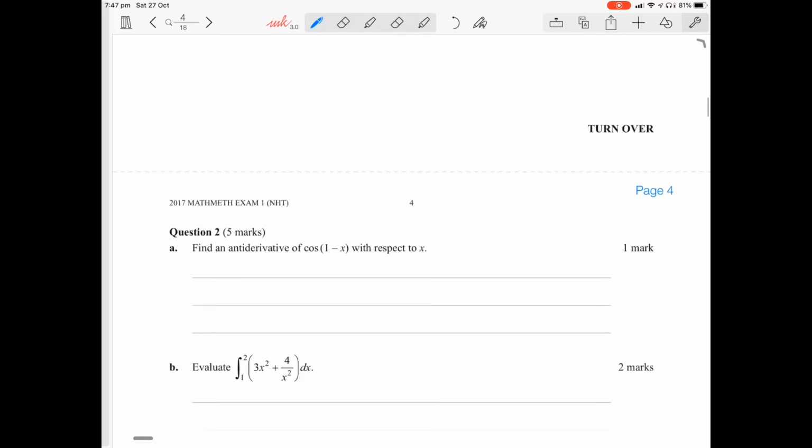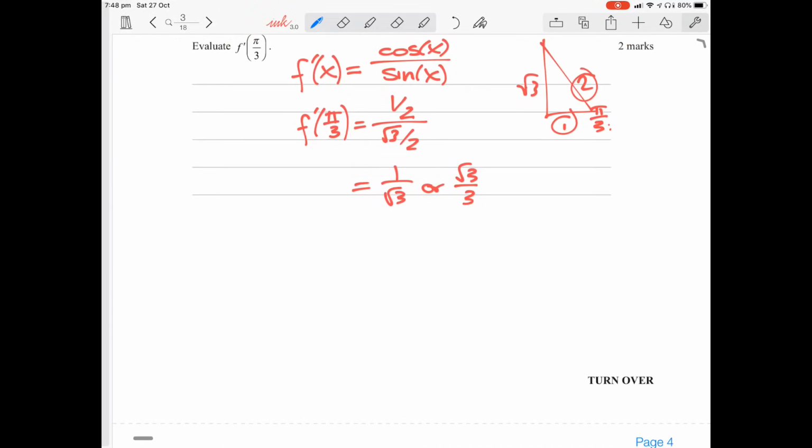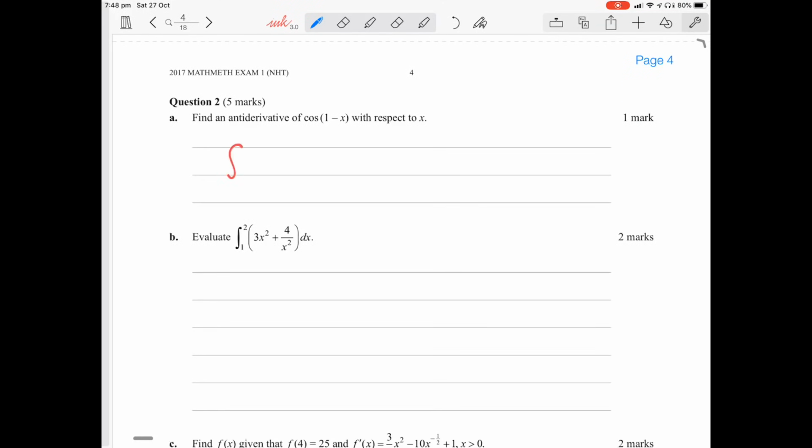I'm sure either of them would be acceptable unless it said to do it giving rational denominators.